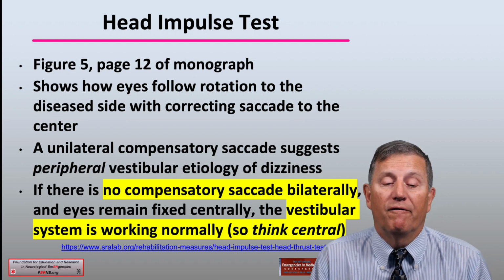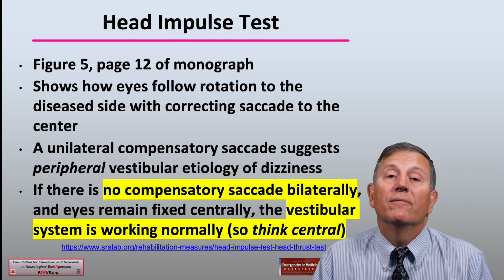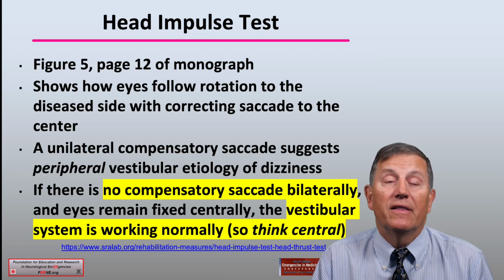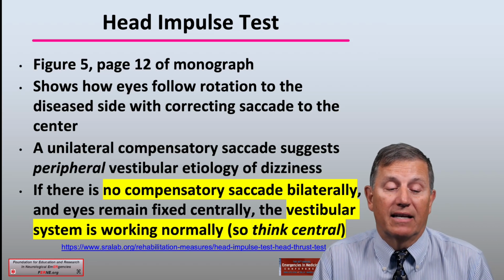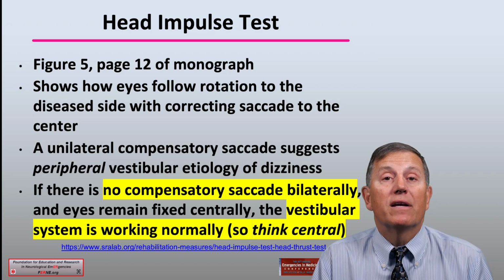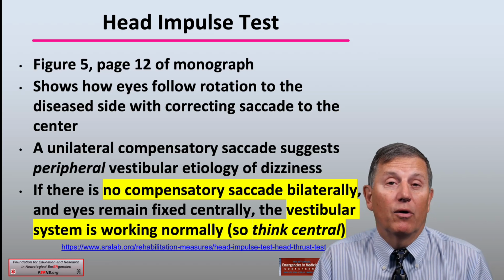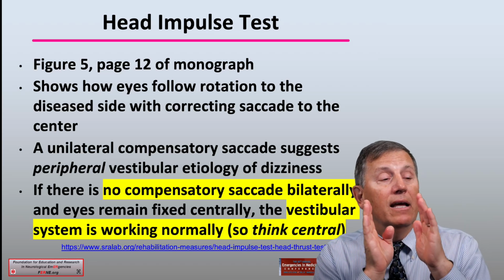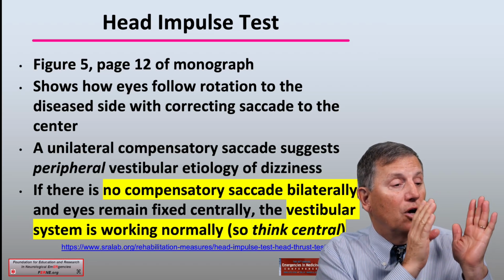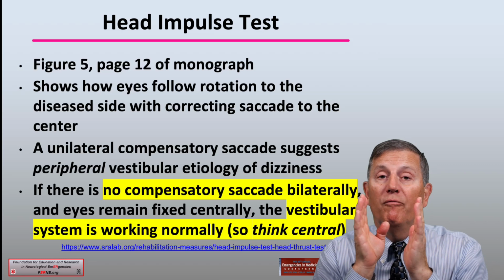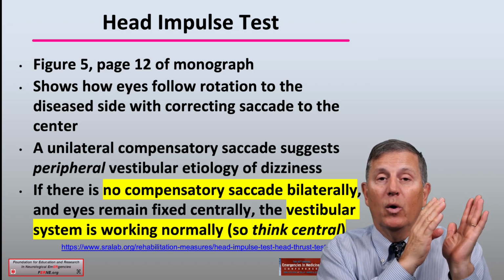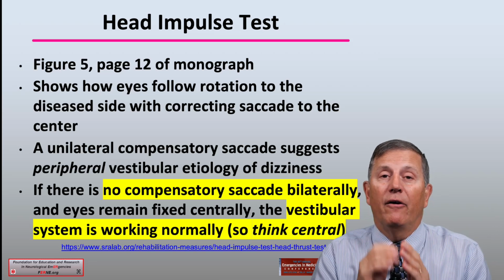If we go to figure 5, page 12 of the monograph, it shows how the eyes follow rotation to the disease side with the correcting saccade to the center. In other words, if there is a peripheral etiology, with movement of the head to one side, the eyes will tend to go with it, and with movement back to the center, the eyes won't come back as quickly and they'll need to come back on their own.